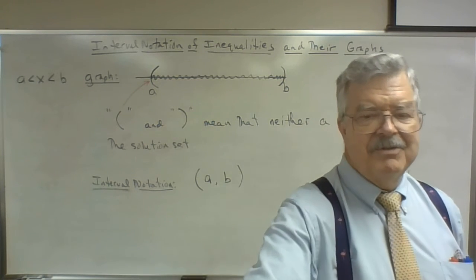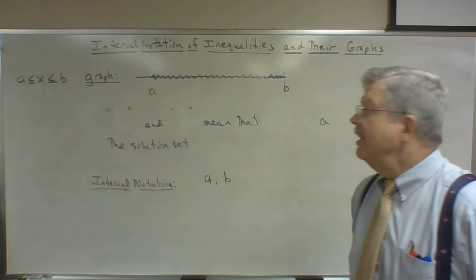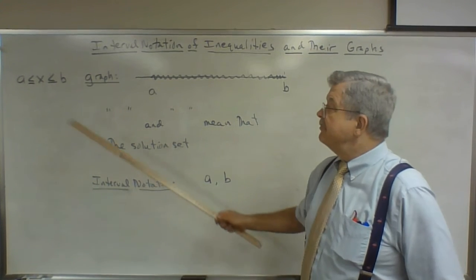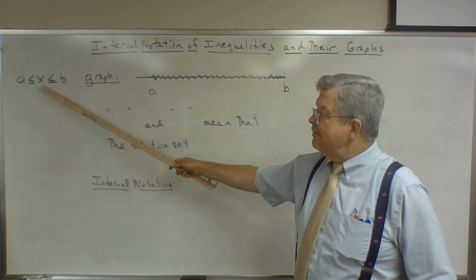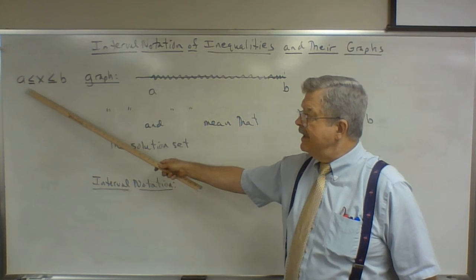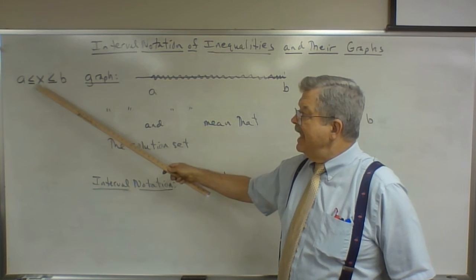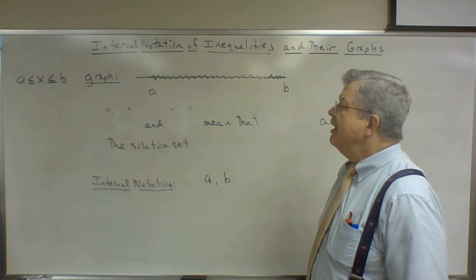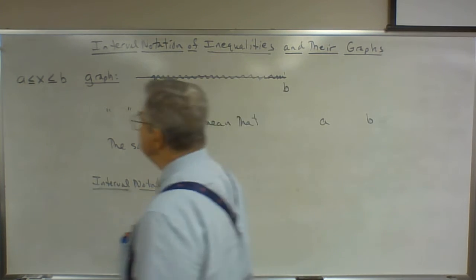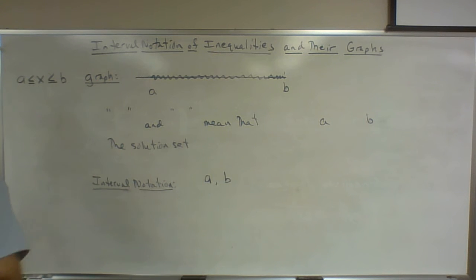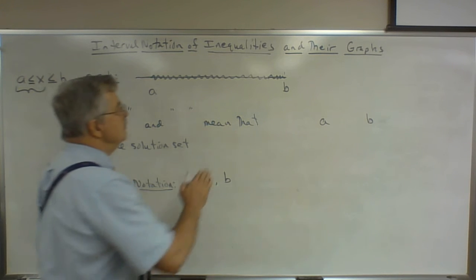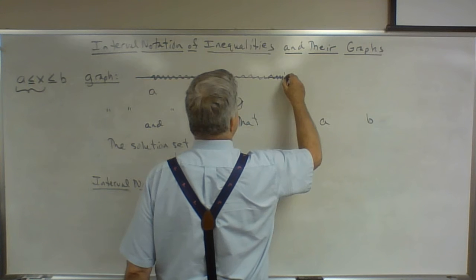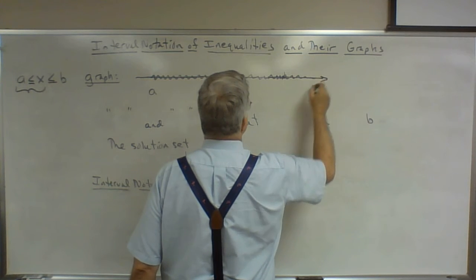More examples. Another example. With reference to the variable x, we say x is greater than or equal to a, and x is less than or equal to b. The first half of this inequality, just this much, looks like the number line from a going all the way to infinity.